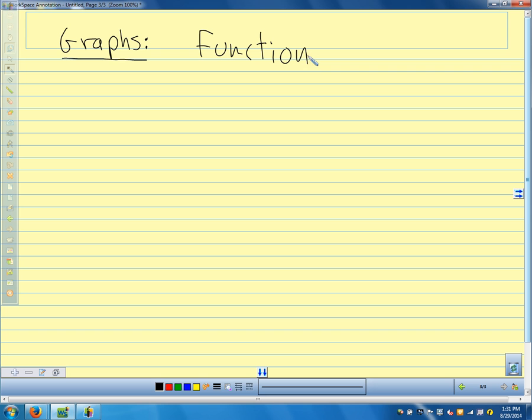There's a test. Vertical line test. Graphs of functions pass the vertical line test. If we have a graph of a function, then how do we tell if it has an inverse?